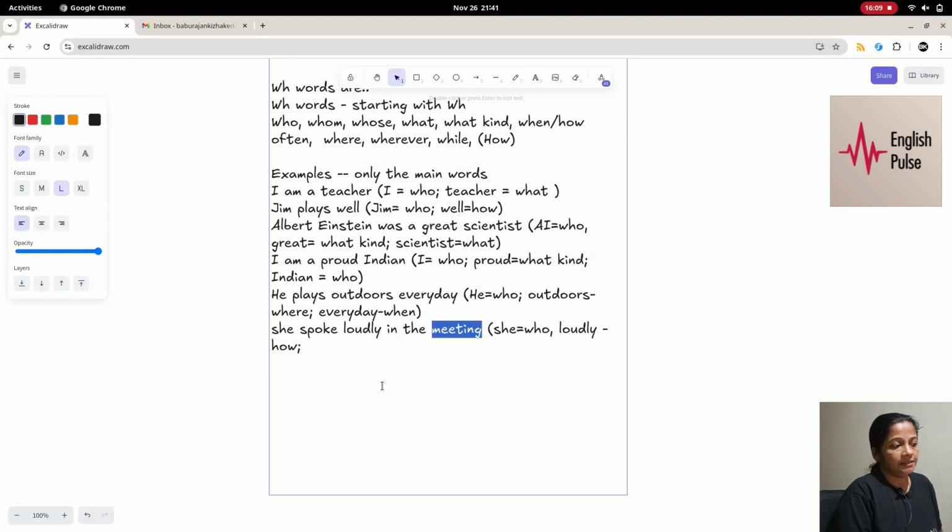Then meeting, you may think it is where, but as a word, meeting, it is what? It is an event, name of an event, a meeting, right? So meeting, for now we make it as what.